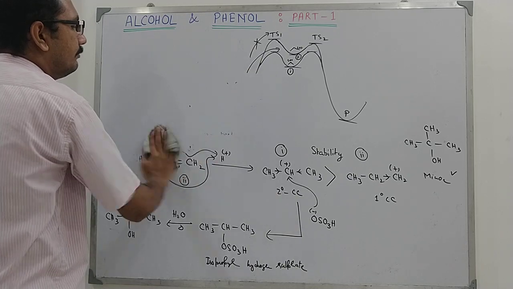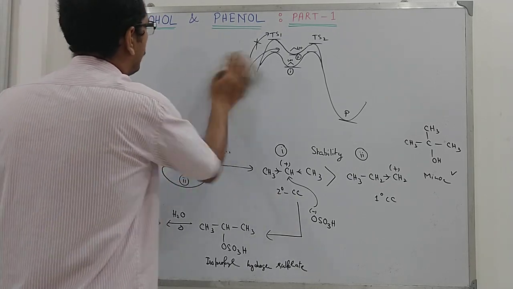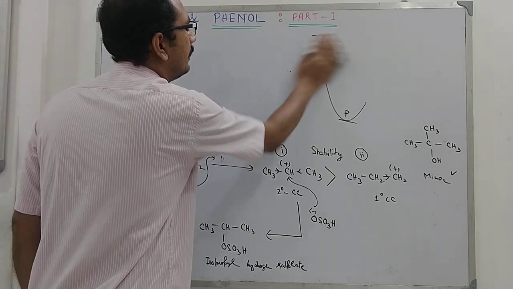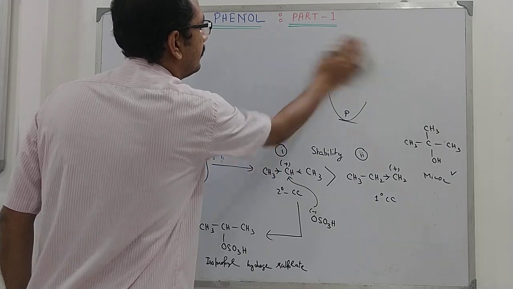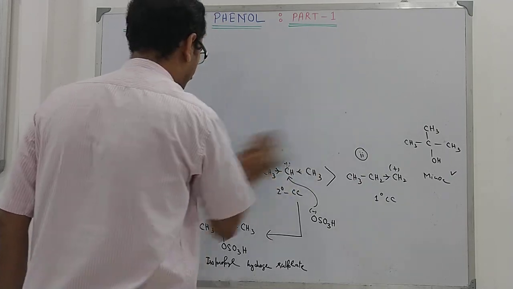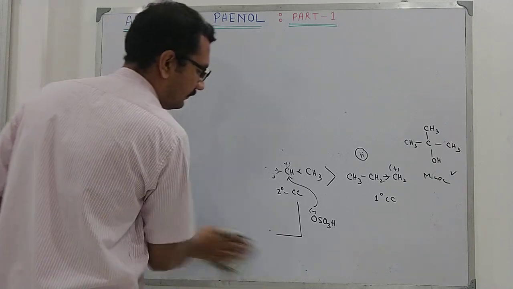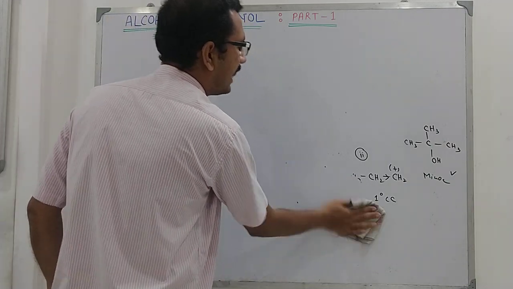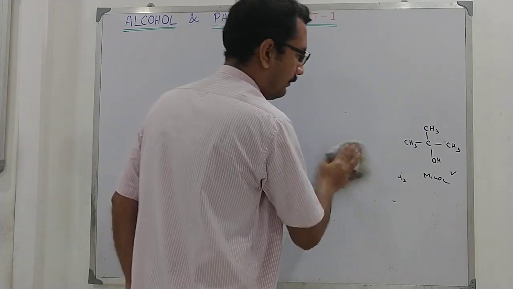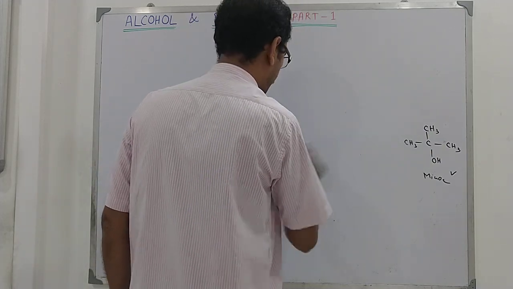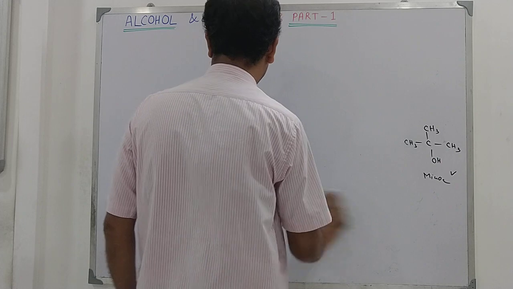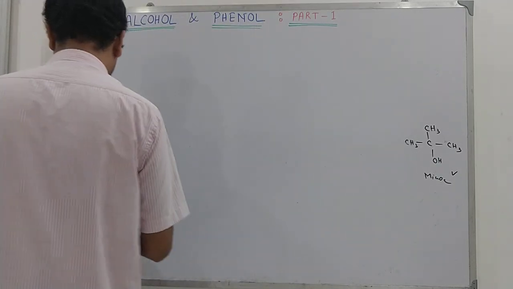Now in reaction 3, we will use dilute mineral acid instead of concentrated H2SO4. We will use dilute H2SO4, or we will use dilute HCl.